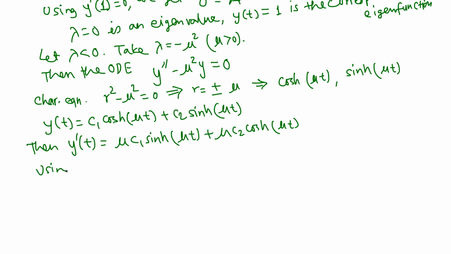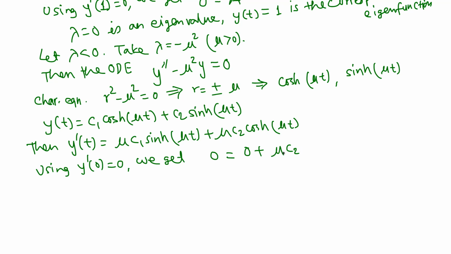Using y prime 0 equals 0, so y prime is 0 when t is 0. So we get mu c1 sinh 0, which is 0, plus mu c2 cosh 0, which is 1.